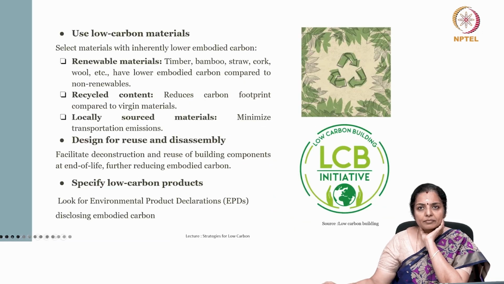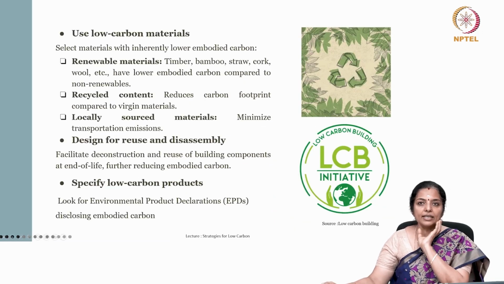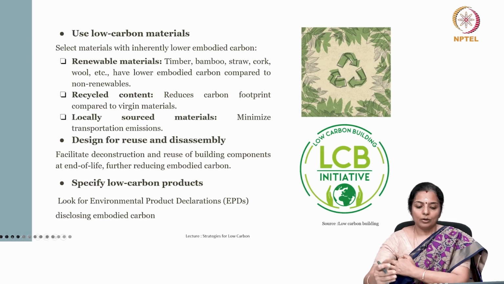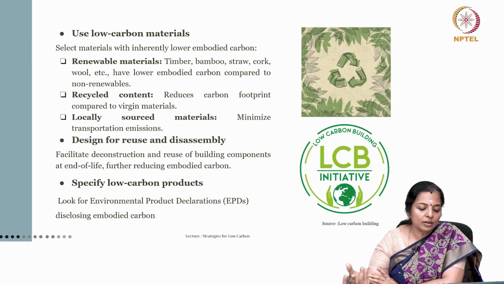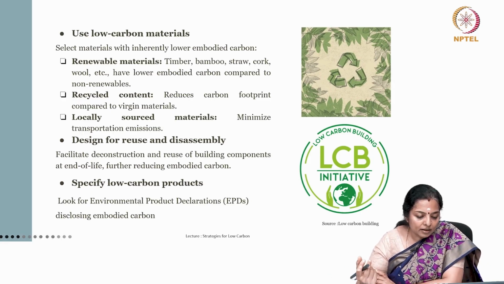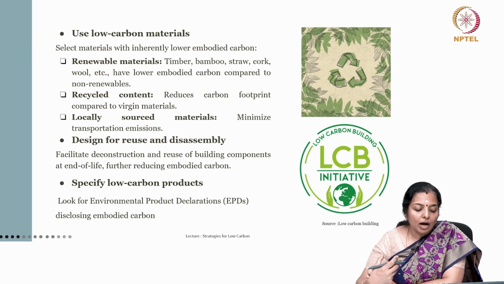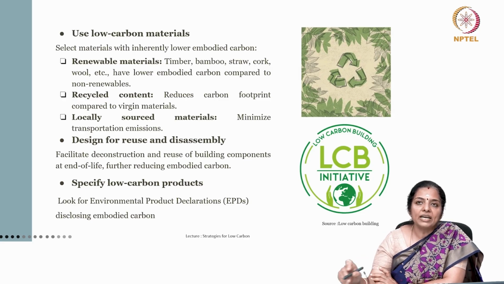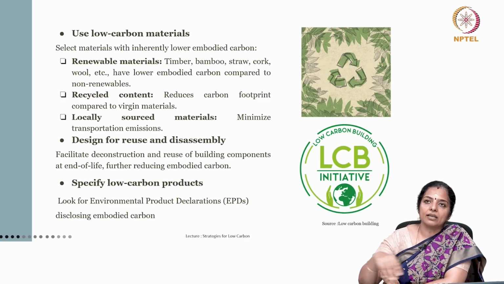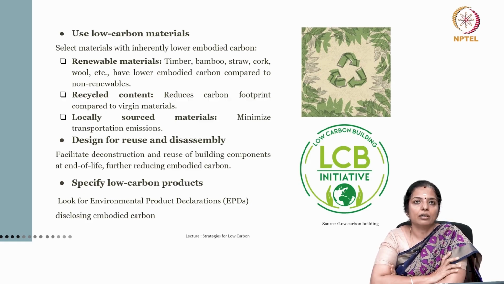Then let us look at how using low carbon materials, how do you select materials with inherently low embodied carbon? So, building with lower carbon materials has the potential to significantly reduce a building's embodied carbon.